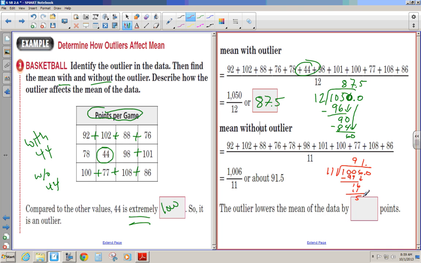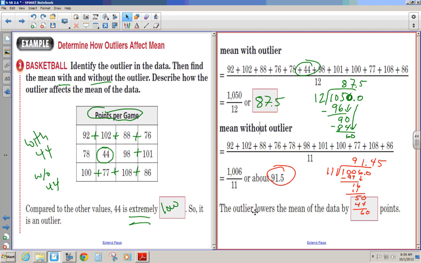See, that's 5, 50, now 4. Okay, so basically, oh, I gave us an answer. But you can see this was good practice for doing the long division.